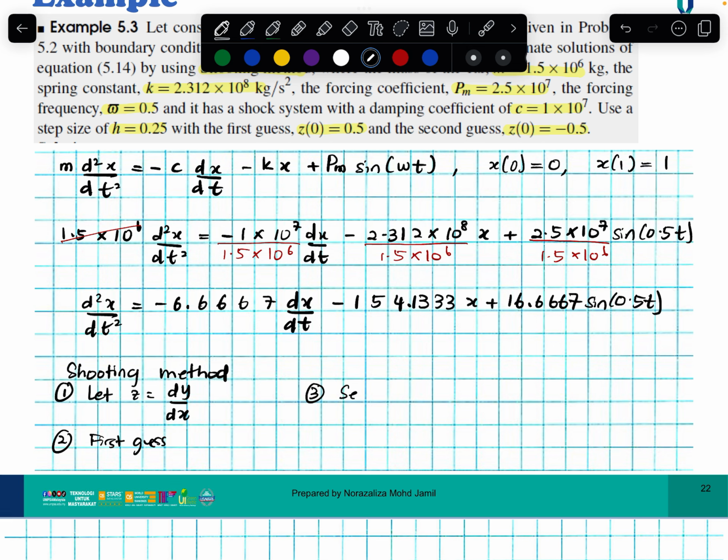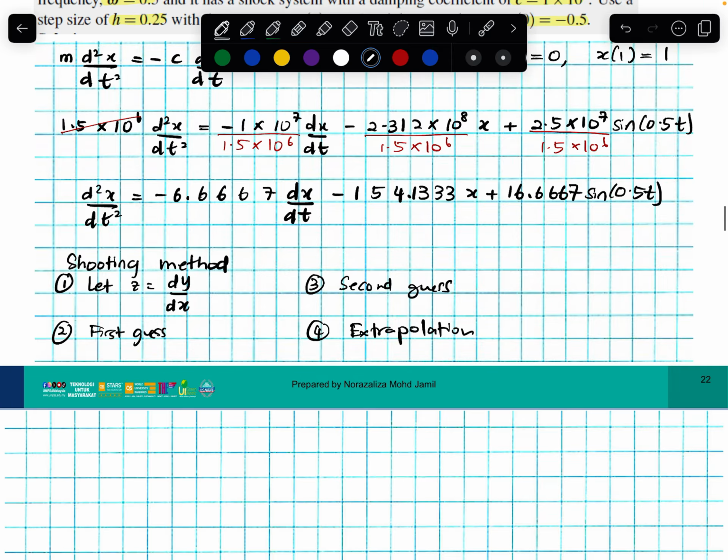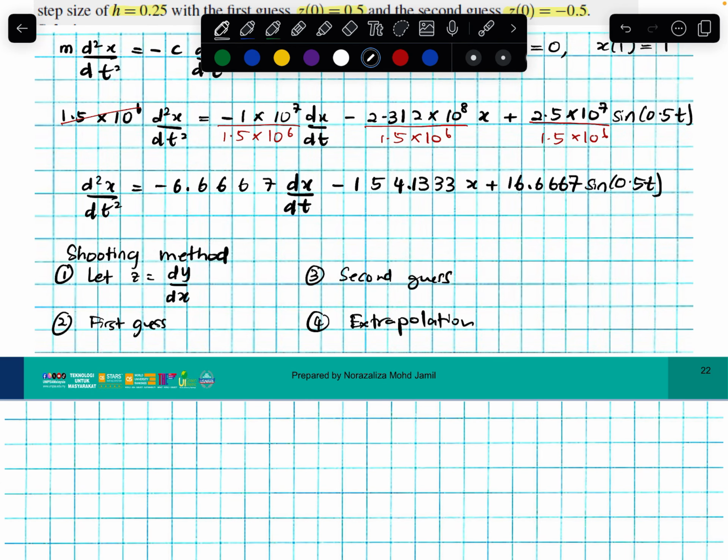Number 3 is the second guess, and the last step is to do extrapolation. Okay, those are the steps that we want to perform in solving this equation. So let's start with step 1.